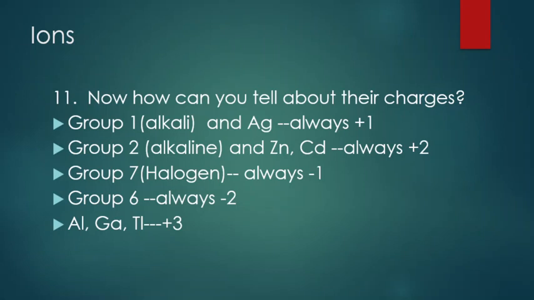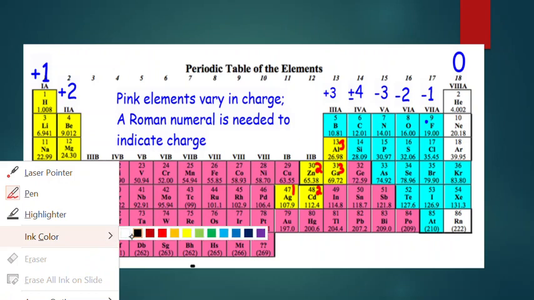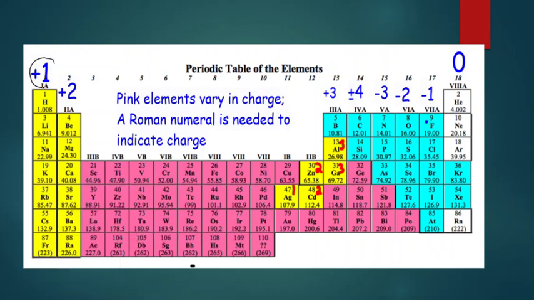These are the charges. So you have it down on paper in your notes, but now take out your periodic tables, take out a pen or pencil, get ready to add critical information to your periodic tables. For example, here on top of that first column, put a +1.